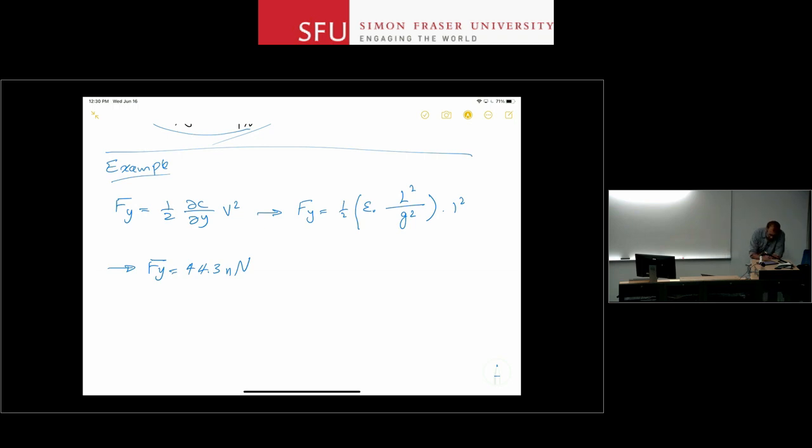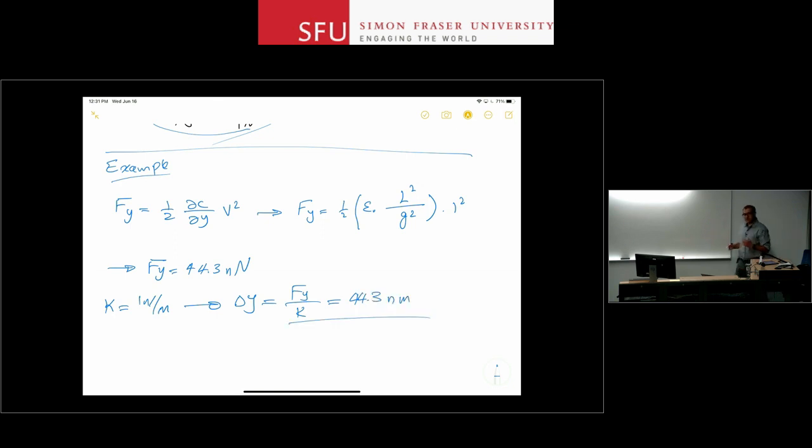If I have a restoring force of 1 newton per meter, I can show that the delta y I will get due to that force is just going to be Fy over k, and that will be just 44.3 nanometers.